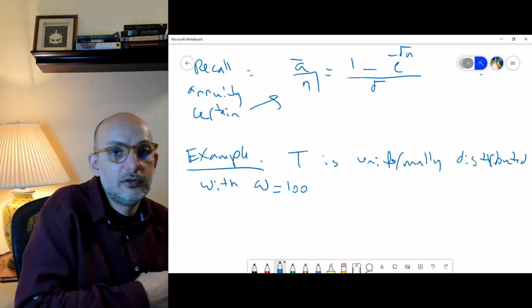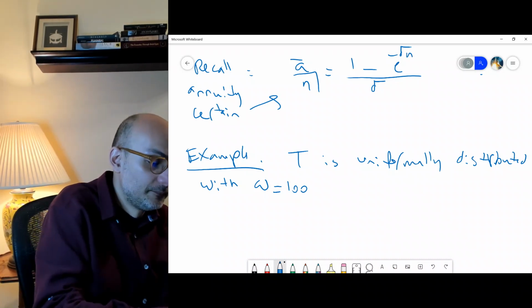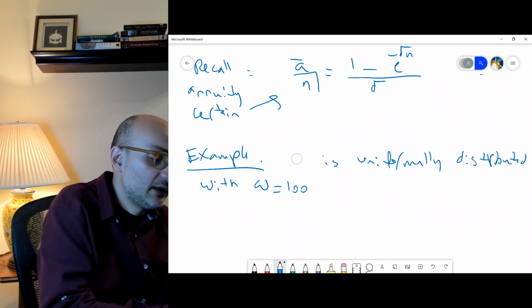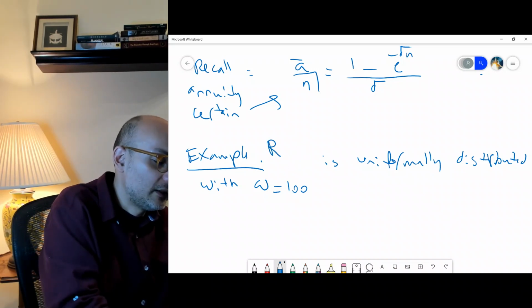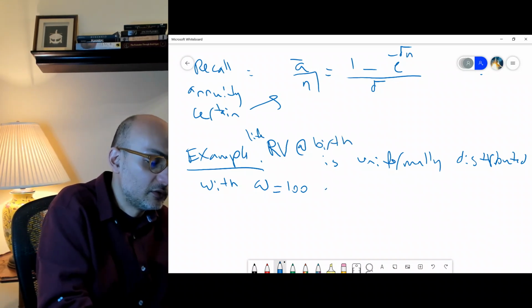So it's uniformly distributed between 0 and 100. Let's say the random variable, just to not confuse you, the life random variable at birth, is with omega, so this is between 0 and 100.